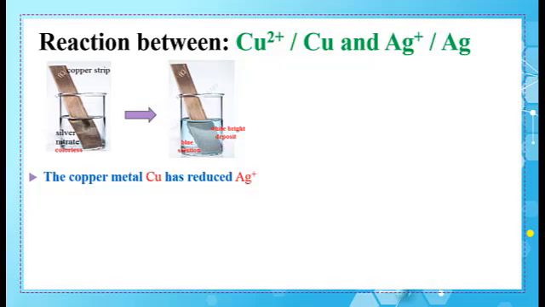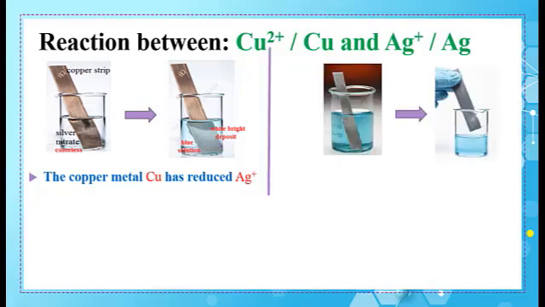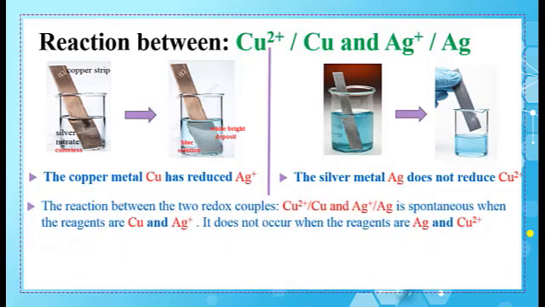We can say that the copper metal Cu has reduced Ag+. It caused the reduction of Ag+. While when no redox reaction took place, when we dipped the silver strip in a copper sulfate solution, we can say that the silver metal did not reduce the copper ions Cu2+.